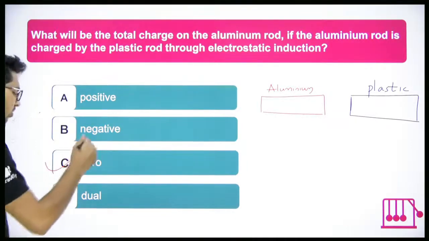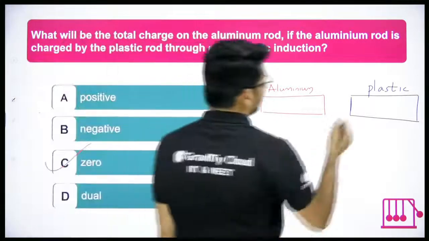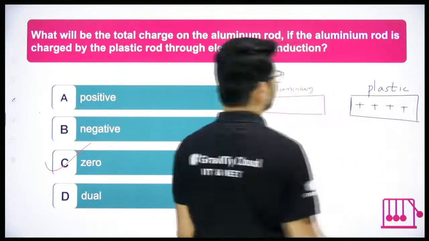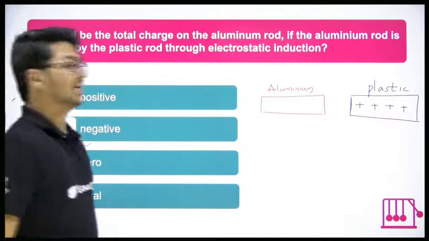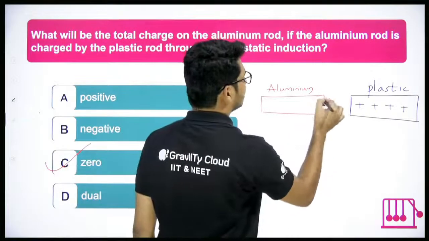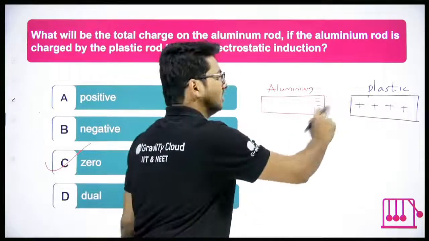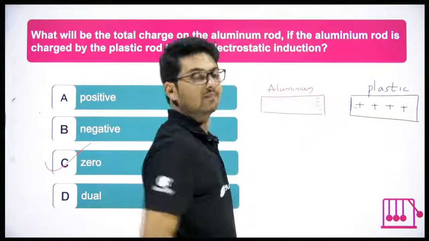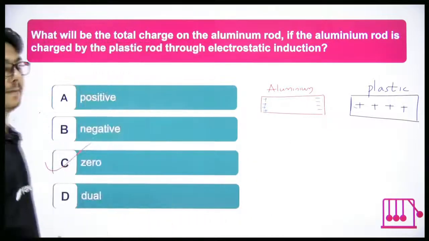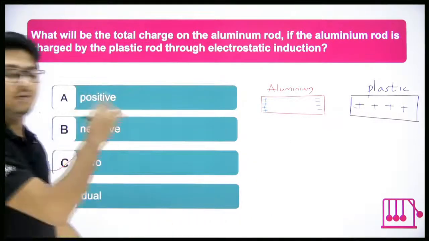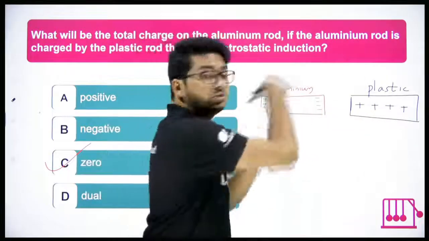And the answer is 0. Why? Let's say the plastic rod is completely positive. It could be negative also. In induction, opposite charge comes on the near end, and like charge on the opposite end. But is any charge entering the aluminium rod from outside?